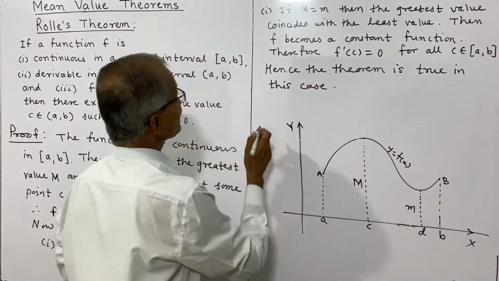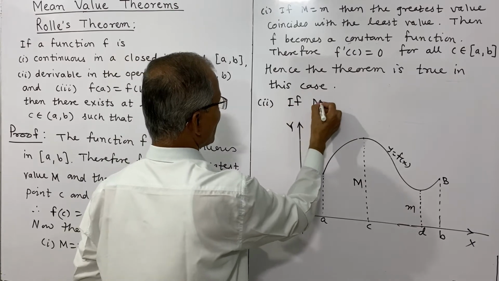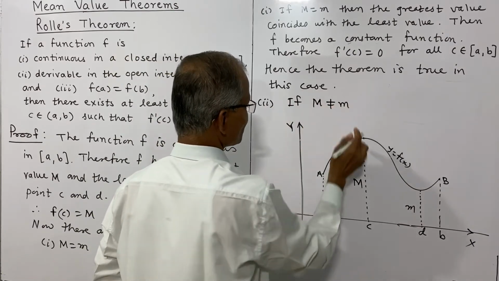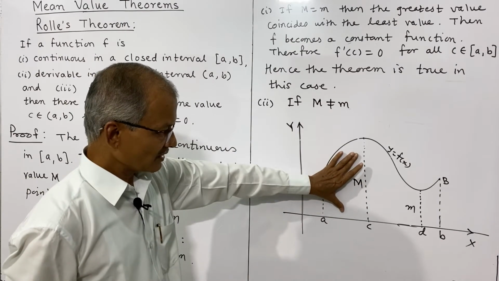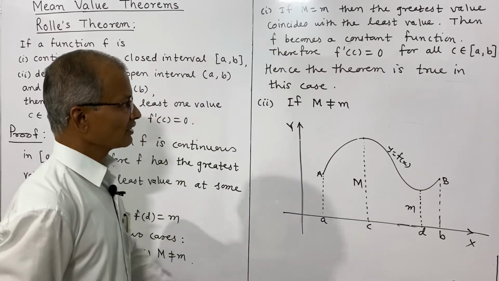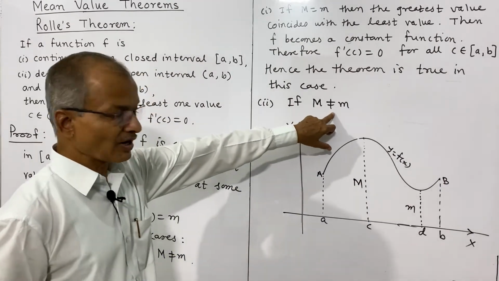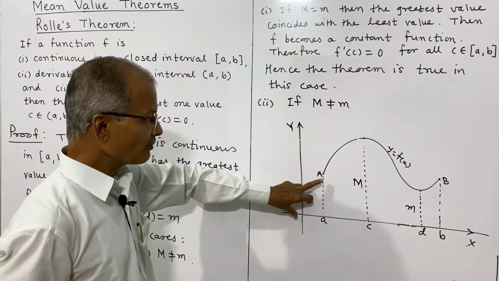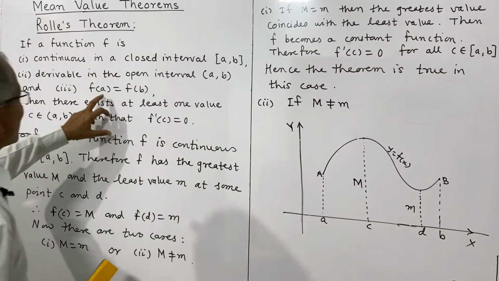And now the second case, if capital M is not equal to small m. Here capital M is this height, and small m is the minimum height, and therefore these are unequal. Then at least one of them is different from f of a and f of b, because f of a and f of b are equal.